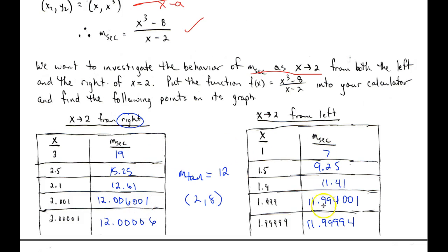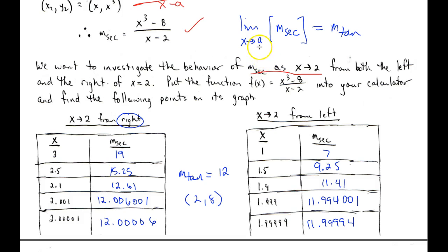But I wanted to show you this because I wanted to show you what it means when we say the behavior of the secant line, or put another way, the limit of the secant line, as x approaches a, is going to be the slope of the tangent line.